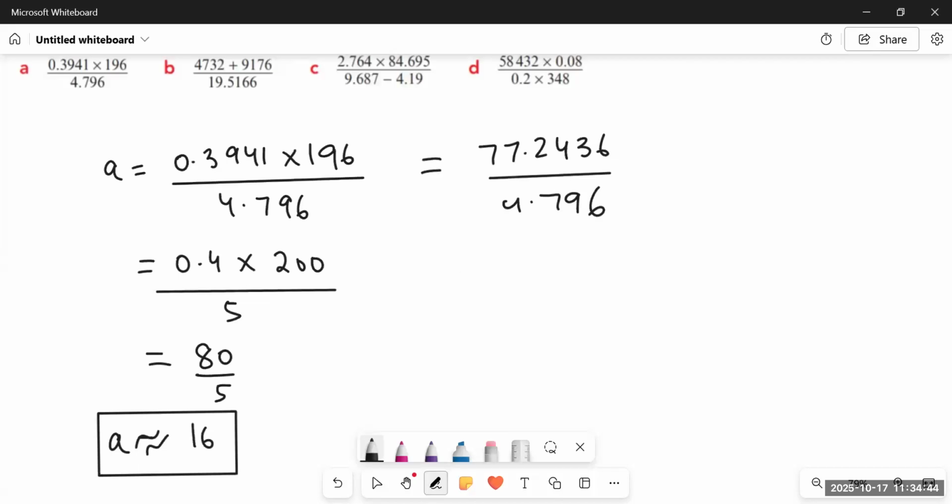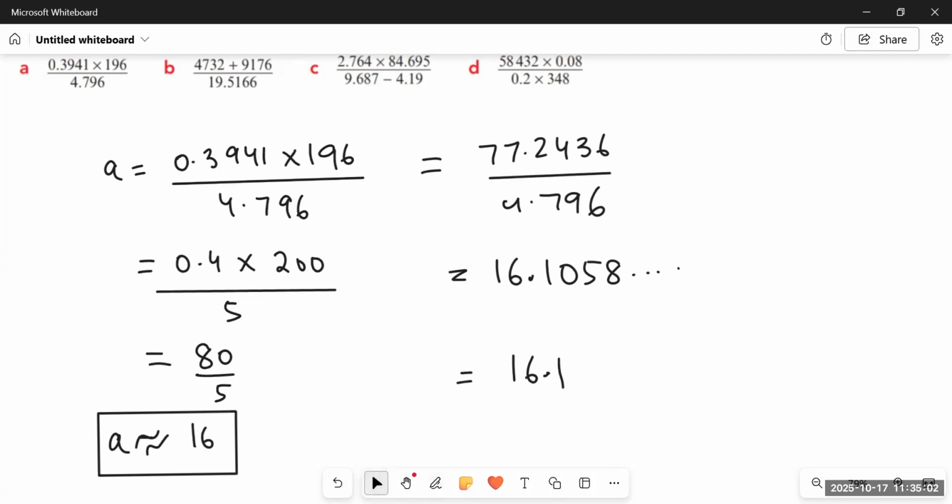So the answer is 16.105838 and so on. So we will write down the answer correct to three significant figures, and it would be 16.1. And the answer is very close to the estimated one.